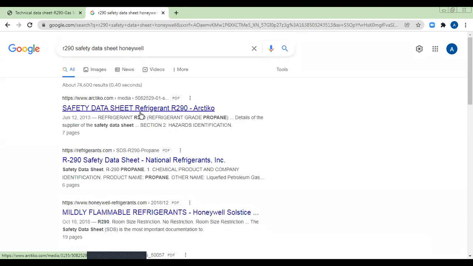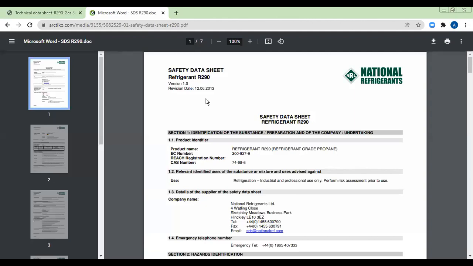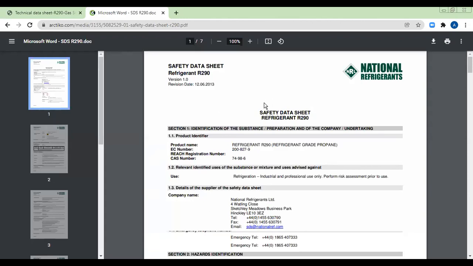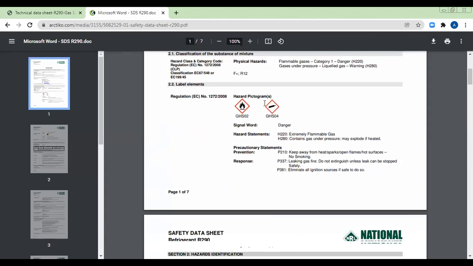These are published information available for anyone.